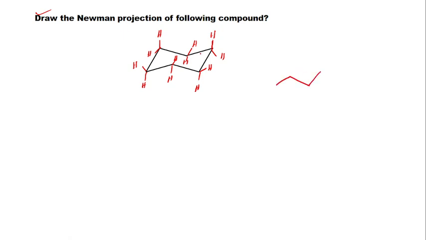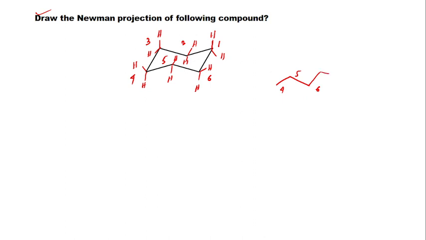So let's put the numbers: 0, 1, 2, 3, 4, 5, 6. Now I'm not doing any change around this one. So this is carbon 4, this is carbon 5, this is carbon 6. On carbon 6, I have one hydrogen.